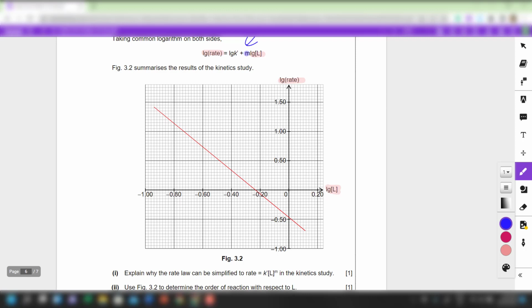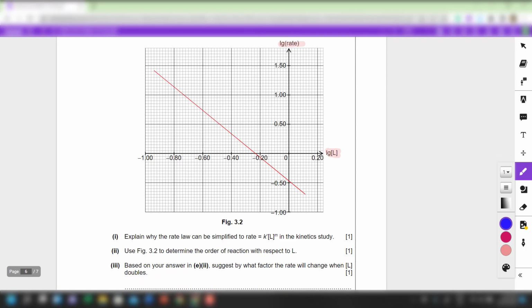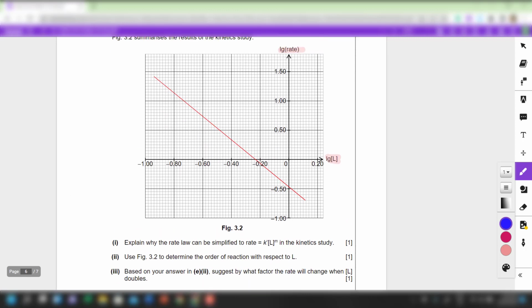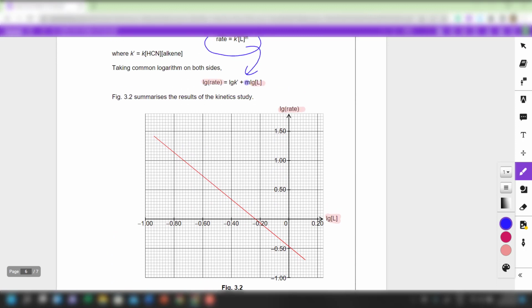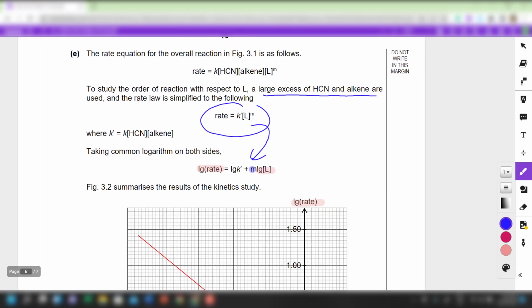For the first part, it's asking you for your appreciation of pseudo-order reaction. So explain why the rate law can be simplified to that in the kinetic studies. Again, because I have a large excess of the two, HCN and alkenes, you expect their concentration to change minimally in the course of reaction, or you can say that their concentration is taken to be constant in the course of reaction.